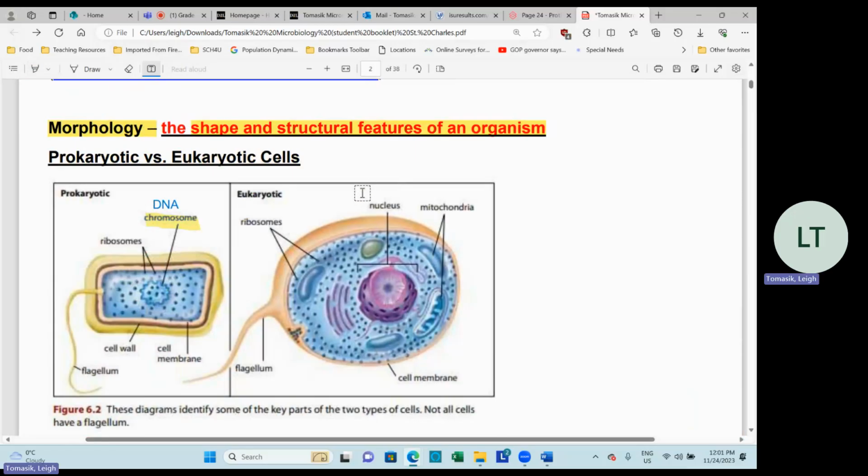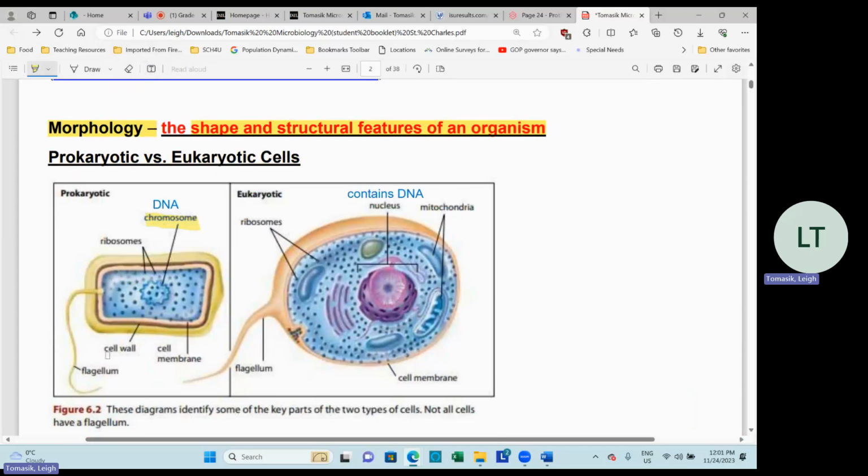Here in the eukaryotic cell, the nucleus contains the DNA, right? But for the prokaryote, it's floating just in the cytoplasm by itself. So in prokaryotes, you can't see the big dark structure called the nucleus. The chromosome is just sort of floating around.